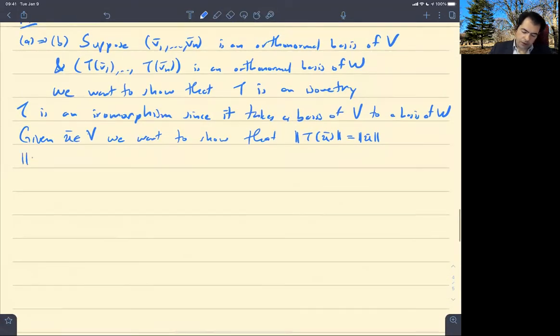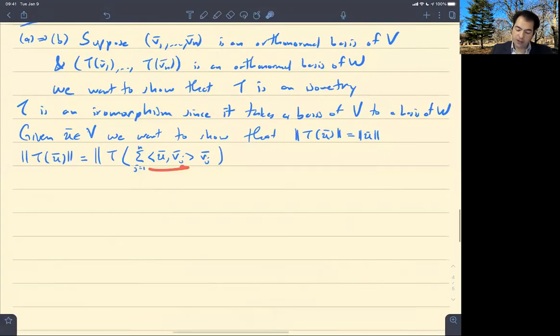So let's start with the size of T of U. Okay, well, this is equal to the size of T of, I'm going to write it in terms of this basis, right? So this will just be the inner product of U with Vj times Vj. Right, so because it's an orthonormal basis, I know the coefficients that give U as a linear combination of the Vj's.